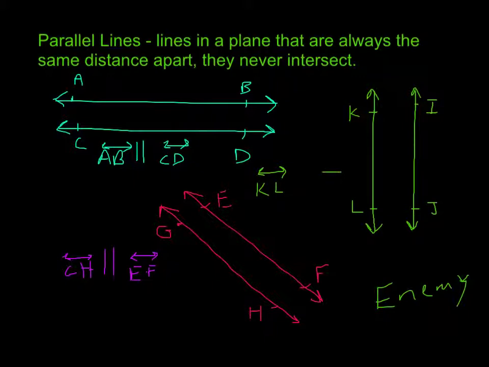And then we'll do a line, and we'll say IJ, are parallel, by putting two parallel lines in between. So we have line KL and line IJ are parallel. And once again, we refer to these as enemy lines because they don't intersect each other.